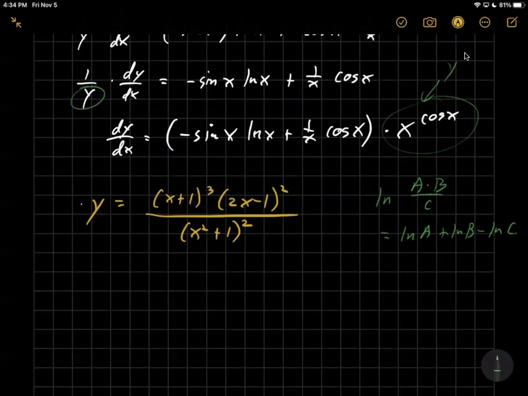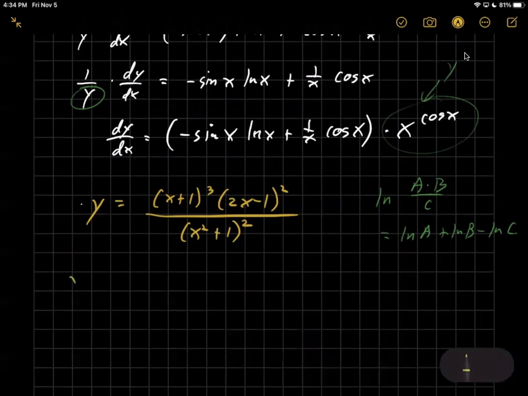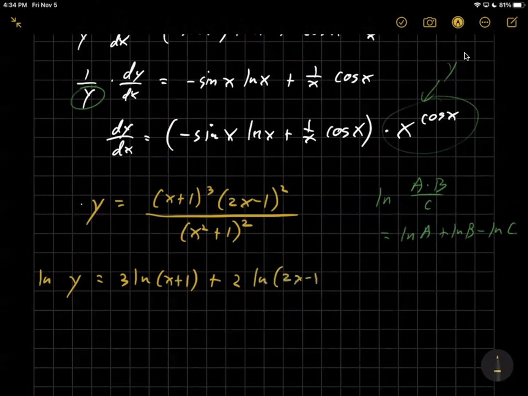Okay, so moving along. We can rewrite this. The natural log of y is ln of x plus 1 cubed, so I'll write the 3 as a constant using the power rule as well. And then we'll have a 2 times the natural log of 2x minus 1. And then we'll have a minus 2 times the natural log of x squared plus 1.